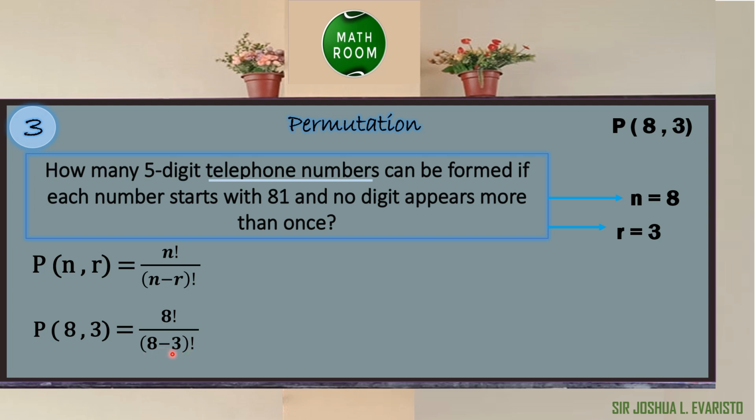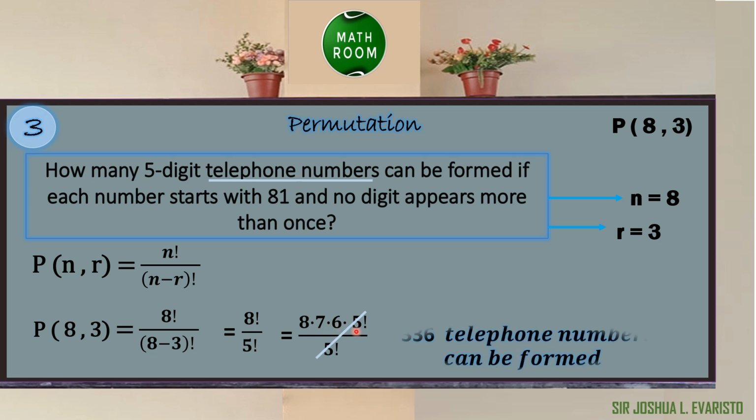Evaluate, 8 minus 3 is equal to 5, so we have 8 factorial over 5 factorial. 8 factorial can be written in the form of 8 times 7 times 6 times 5 factorial, so that we can cancel 5 factorial on the numerator and denominator. Multiply the remaining factors. 8 times 7 times 6 is equal to 336. Thus, we have 336 telephone numbers can be formed.